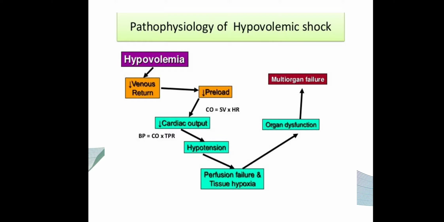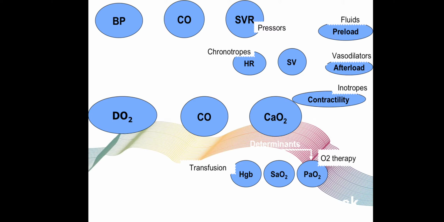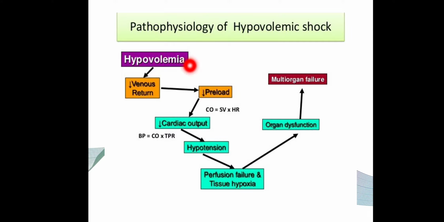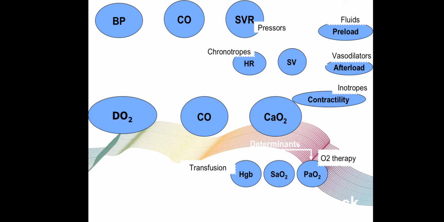So how can we treat this hypovolemia? If you understand the pathophysiology and what are the things to be maintained, then you can easily understand the treatment, right? Whatever is shown in this blue color are the parameters which need to be observed during shock.